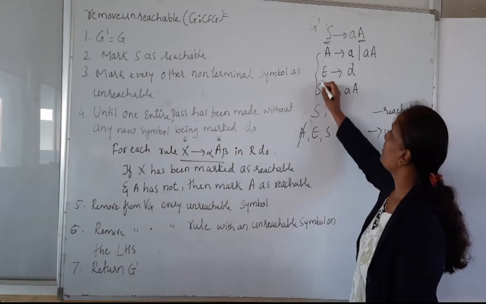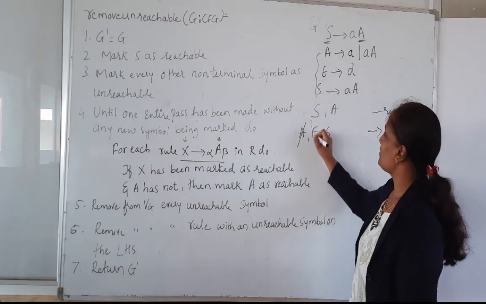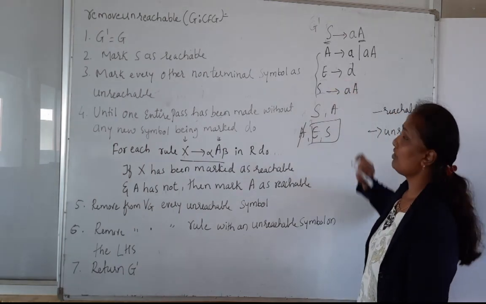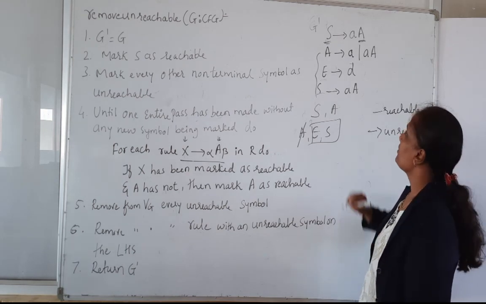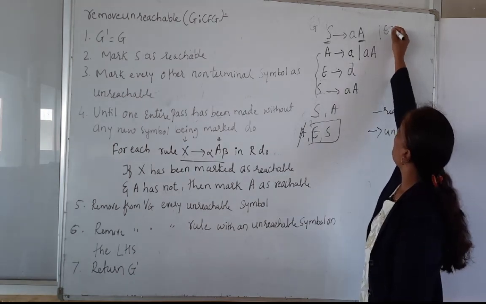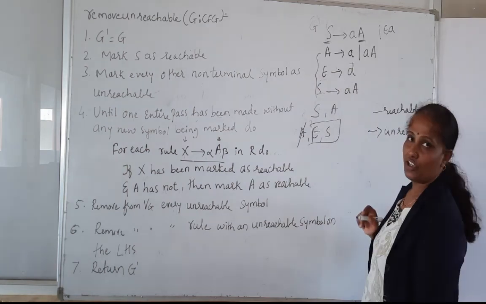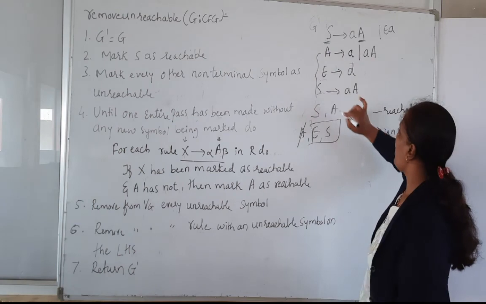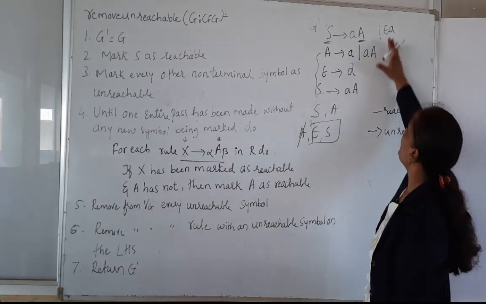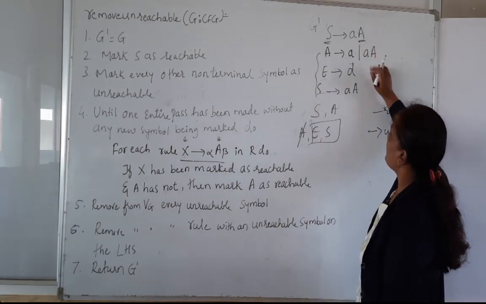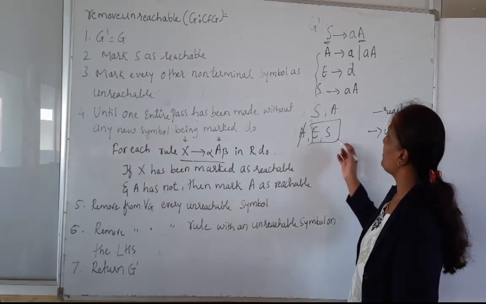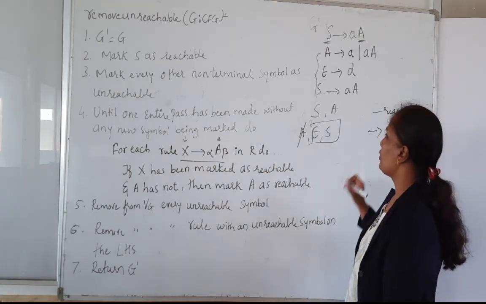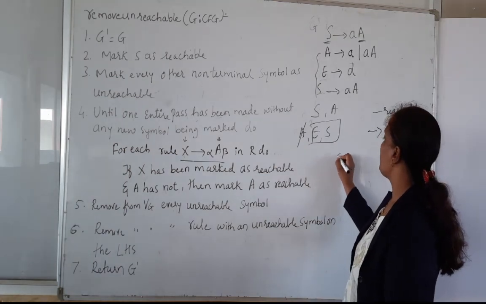So I will mark E and D as unreachable symbols, and I will remove their productions from the grammar. Suppose E were a part of any one of these, then I could say E is reachable, but it is not present in this case. After removing the unreachable symbols, what do I get?